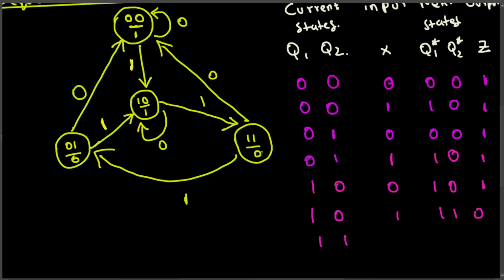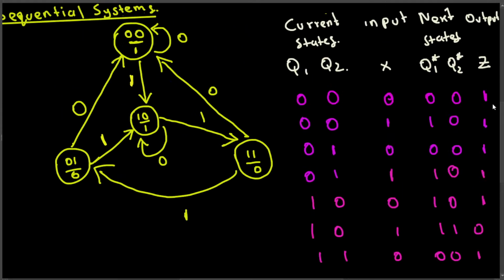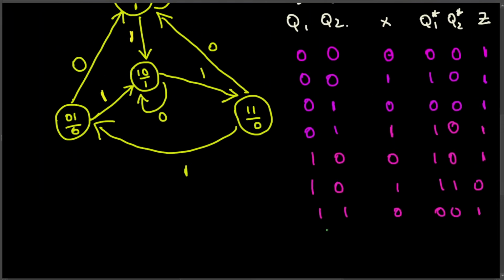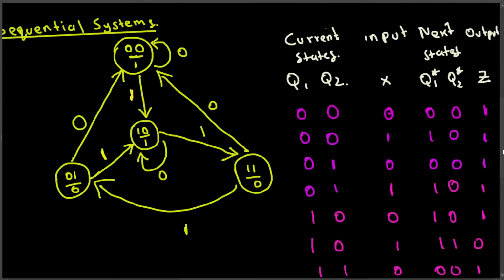When you input 0 for this, it's going to 0 0, and the output there is 1. And if you grab this 1 1 and put input as 1, it's going to 0 1, and the output there is 0. So this is the truth table we derived from the given state diagram.